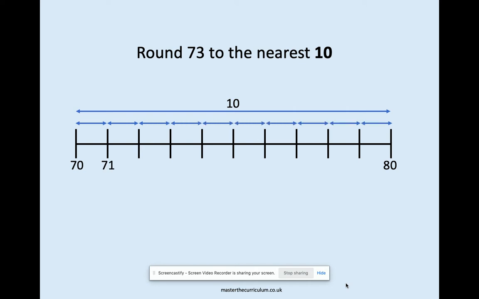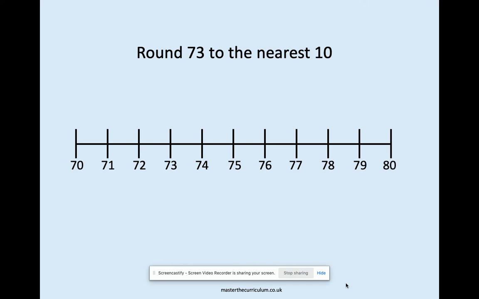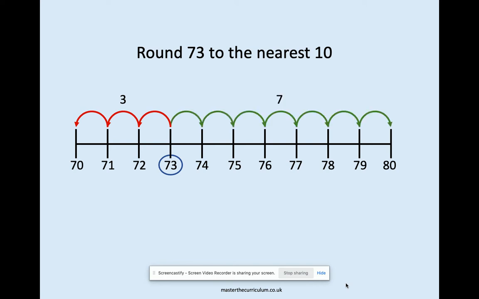So if I count, you can see each space is worth 1. Then I'm going to find 73 and see, is it closer to 70 or to 80? You can see that it is clearly very close to 70. So 73 rounded to the nearest 10 is 70 rather than 80. It's closer to 70 than it is to 80.